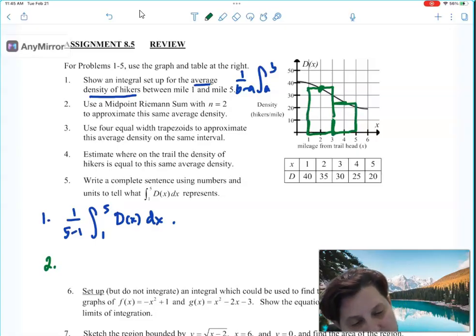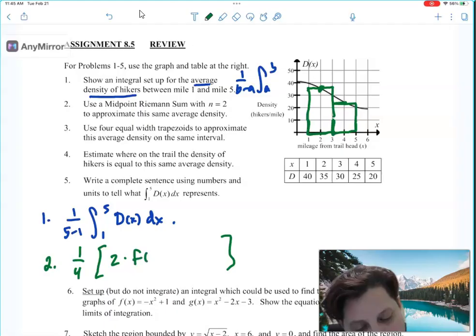To approximate this area from 1 to 5, I still have to do 1 over b minus a in the front. This rectangle has a base of 2 and a height of whatever f of 2 is. This rectangle has a base of 2 and a height of whatever f of 4 is.